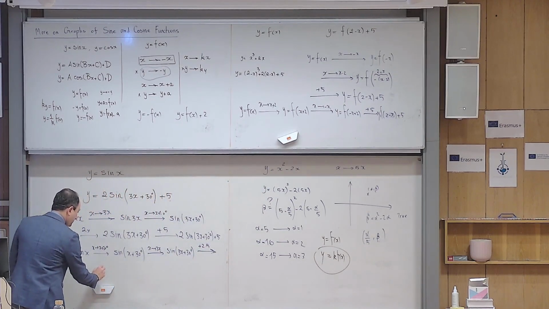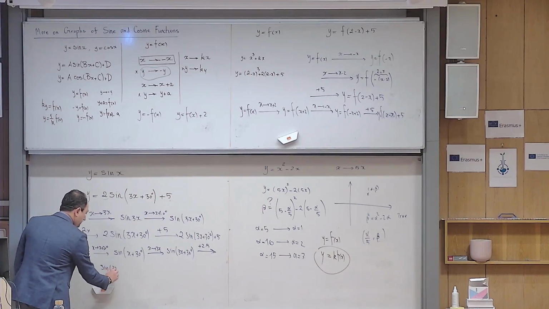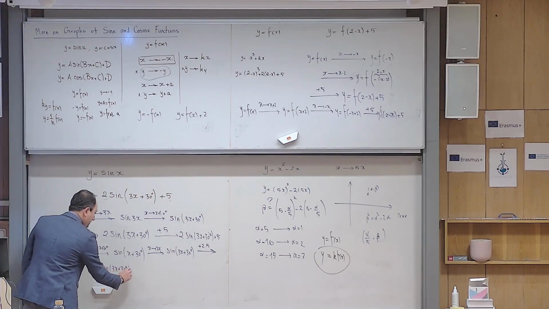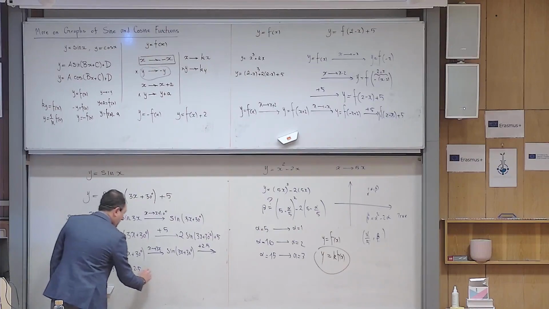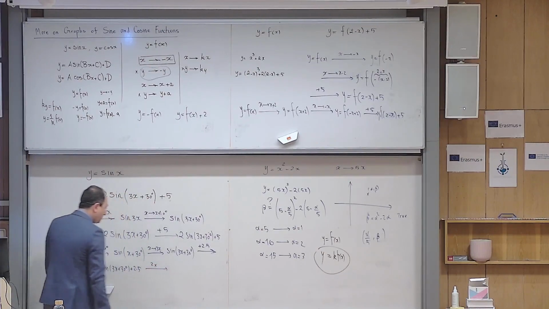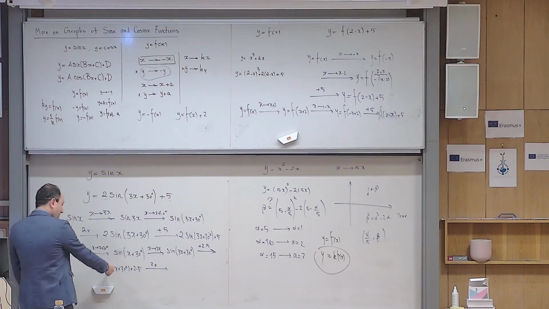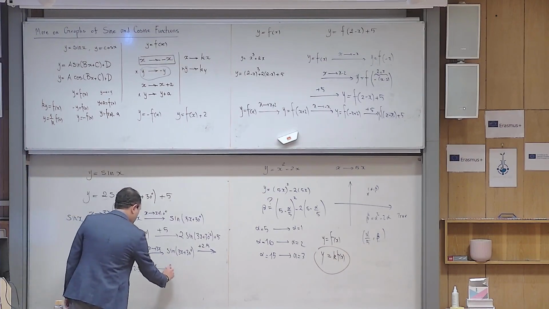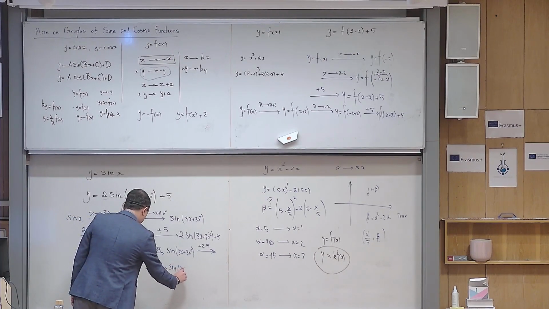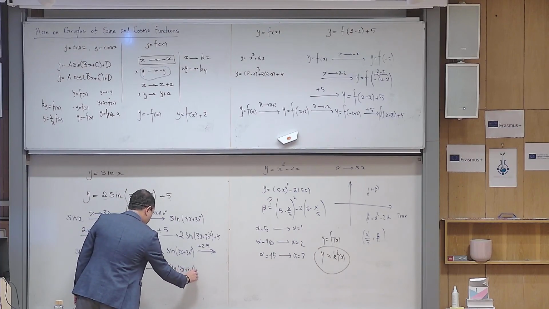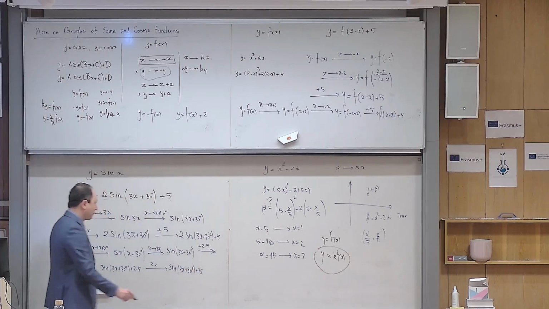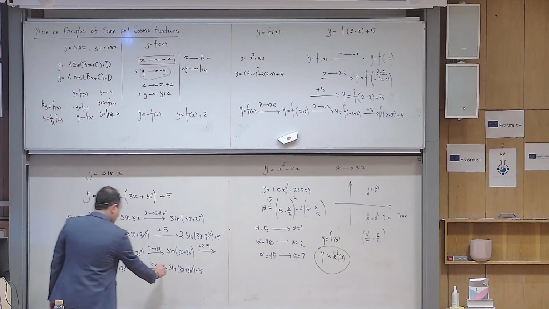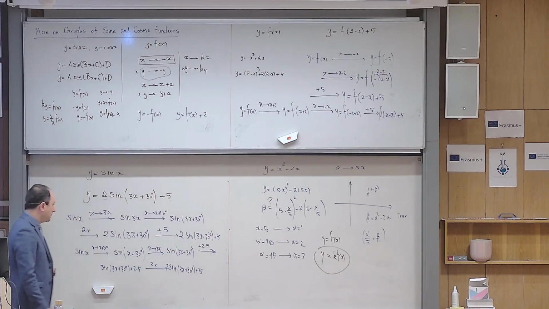Then it becomes sine 3x plus 30 degrees plus 2.5. And then I multiply by 2. But when I multiply by 2, I don't have a choice to multiply it here, not there. I have to multiply everything by 2. So then it becomes 2 sine 3x plus 30 degrees and then plus 5. So it's okay.